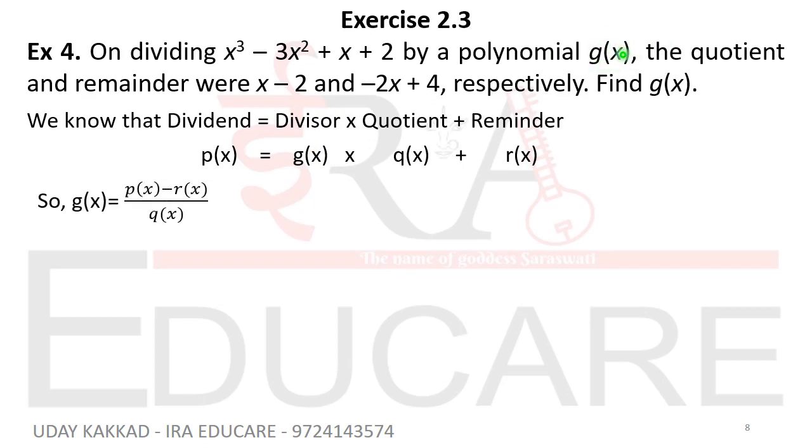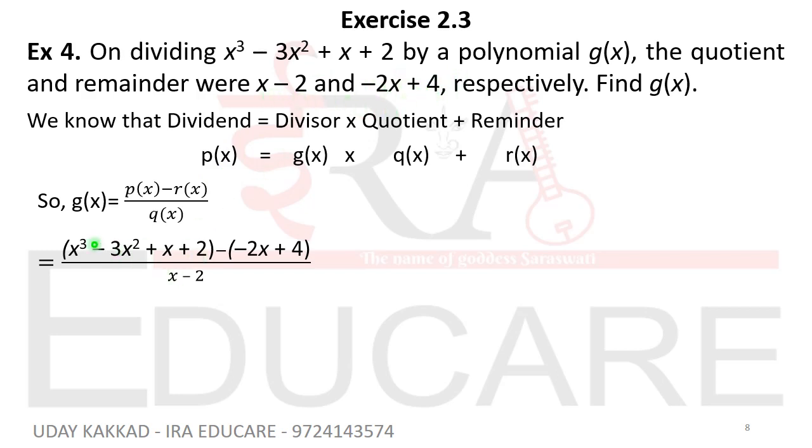Because you want to find the g of x. Okay, so now from this equation you can say that g of x is equal to p of x minus r of x upon q of x, because I just rearranged this equation. Now putting the value of p x, r x and q x. So p x is equal to this polynomial, r x is given, minus 2x plus 4, and this is x minus 2.